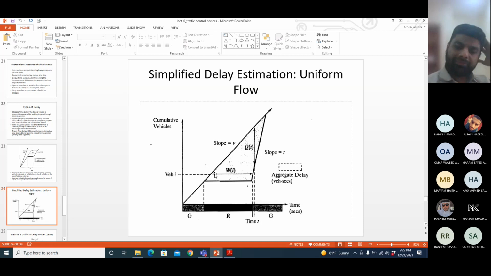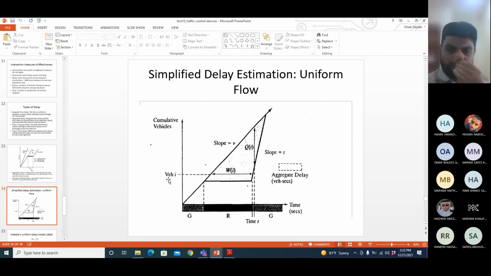If you take the difference between the arrival and the departure line horizontally, you will get the time in queue delay, the time the vehicle has spent in the queue. So it arrived at this time and it departed the intersection at this time. Between these two points, this is the time in queue delay for vehicle i. So using this graph, you can find out the time in queue delay as well.